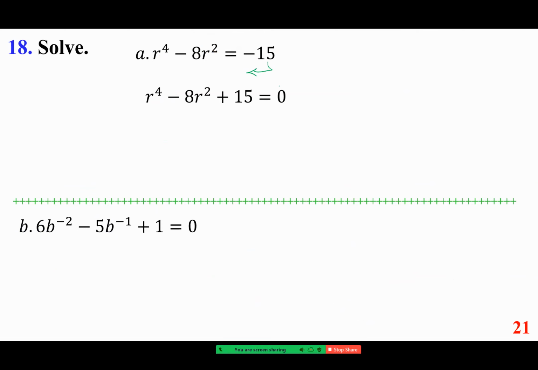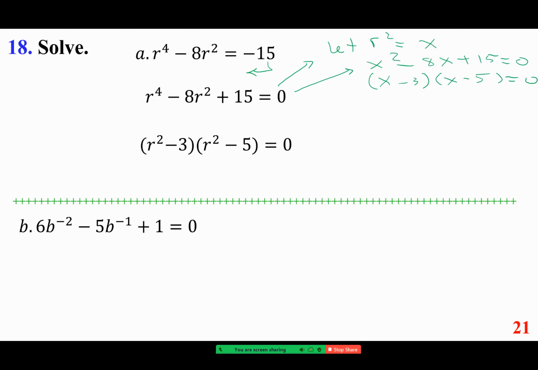If that's not good enough, you can always let r squared be anything, for example, x, and this becomes x squared minus 8x plus 15 equal to 0, and factor it into x minus 3, x minus 5, or just do it right here, r squared minus 3, r squared minus 5. It is your choice. I think it's simple enough.